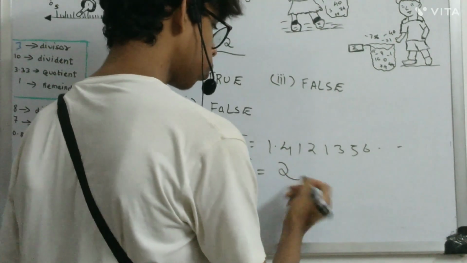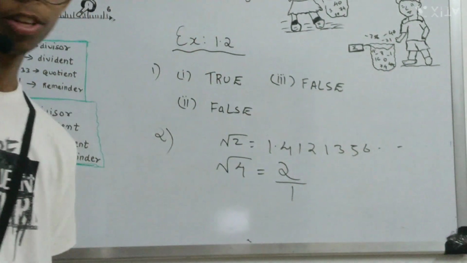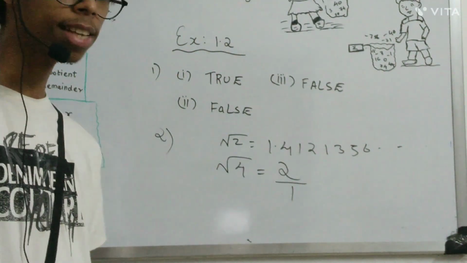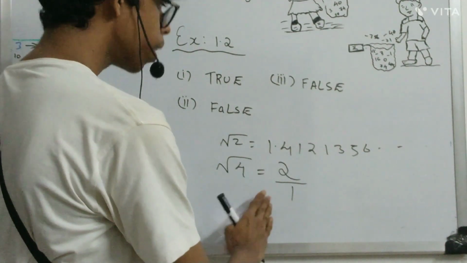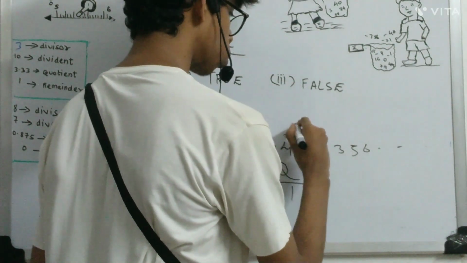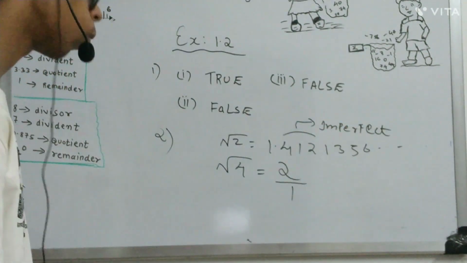So here this 2 we can definitely write as 2 by 1, which is in the form of p by q. So we cannot say that every square root is an irrational number. Only the imperfect squares' roots are irrational.